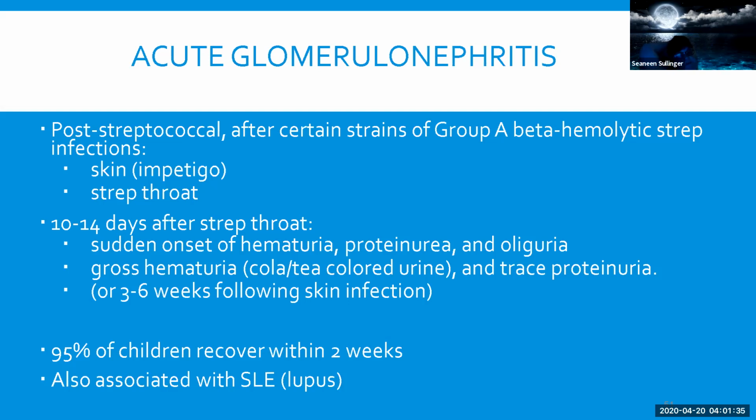And then maybe 3 to 6 weeks after impetigo. So that takes a little bit longer than the strep throat. 95% of the children will recover. And sometimes you'll see glomerulonephritis with systemic lupus.